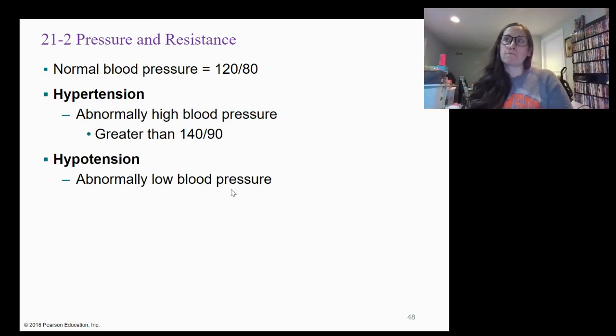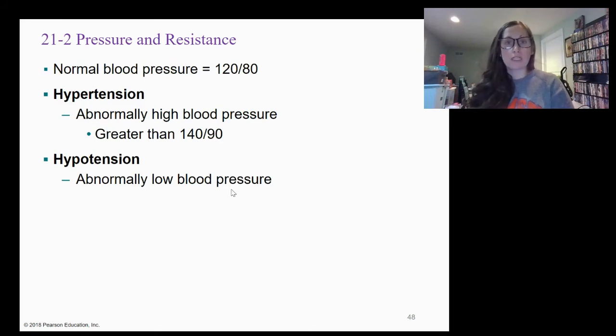It has to be sustained pressure, and that could be your systolic or your diastolic number, systolic being over 140 and diastolic being over 90 consistently. You're said to be in the early phases of high blood pressure if even your systolic is at 130. So that range for what could be classified as hypertension is definitely getting smaller.